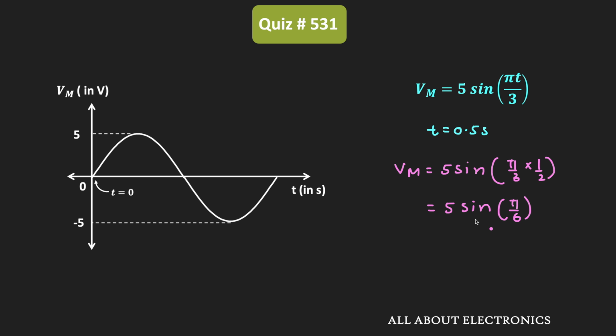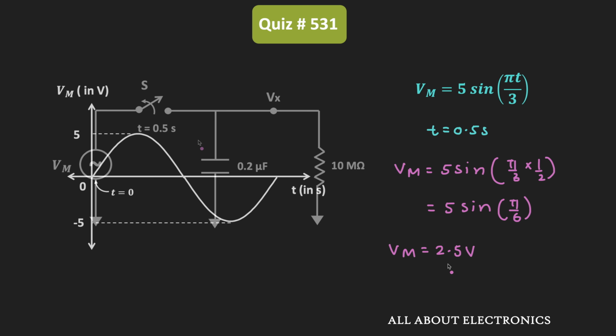We know that sin(π/6), or sin 30, is equal to 1/2. That means the value of Vm is equal to 2.5. So at time t equal to 0.5 second, the value of the sinusoidal signal is 2.5 volt.